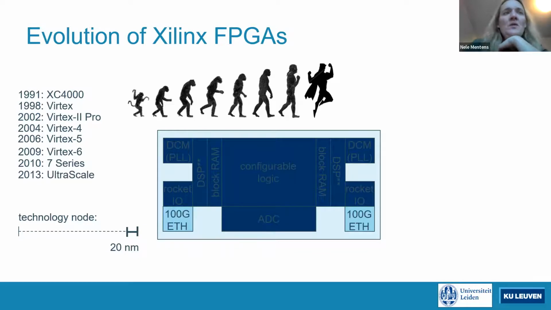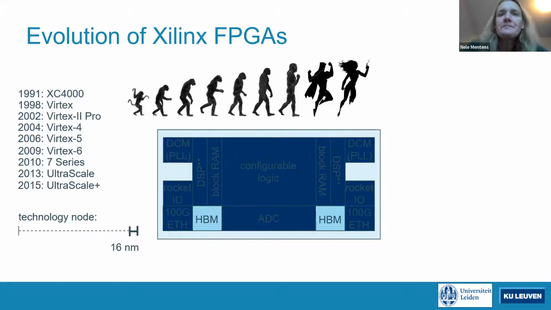Then one more thing that changed in the next generations of Xilinx FPGAs was high-speed Ethernet interfaces. For example, 100 gigabit per second Ethernet interface, and then also high bandwidth memory, which is very useful for high performance computing applications.